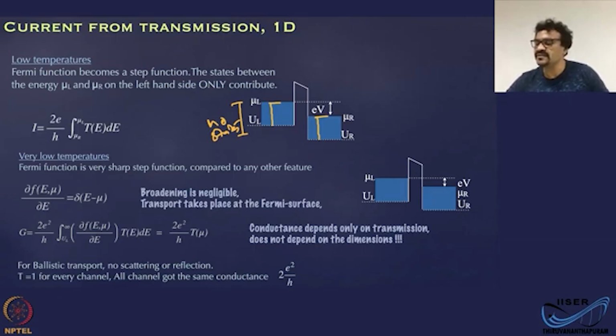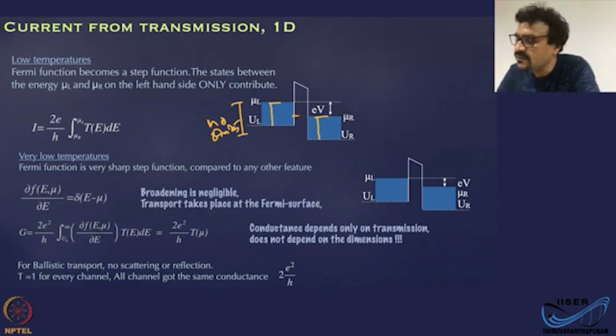What that means is you need to consider only the current which is contributed in this window, only from here, the electron going from here to here. That means I is 2e by h bar, integral from mu R to mu L, T(E) dE.